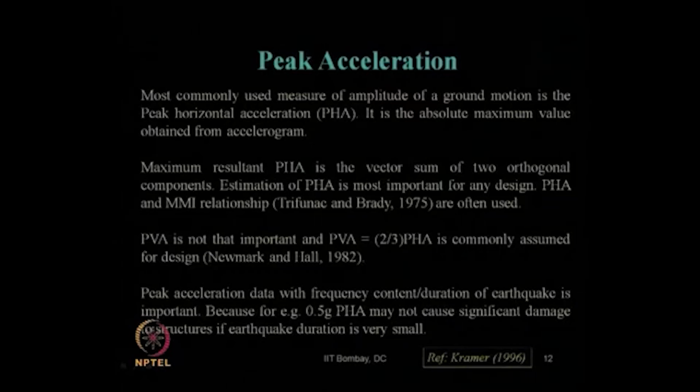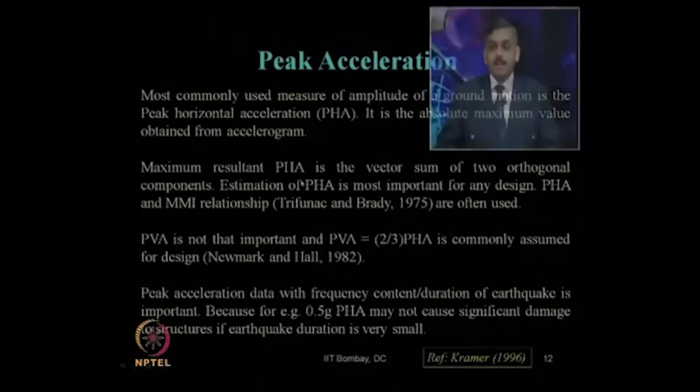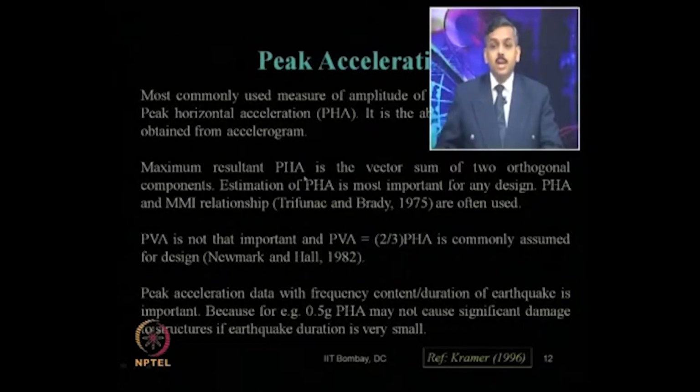The maximum resultant PHA is the vector sum of the two orthogonal components, east west and north south, whatever maximum values you get from your accelerogram. If you take the vector sum, that is the square root of PHA north south squared plus PHA east west squared, that gives the maximum resultant PHA, and its estimation is most important for any design.